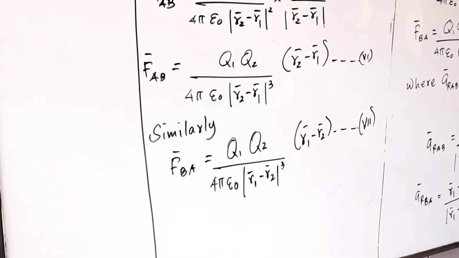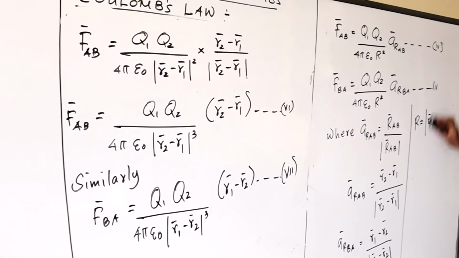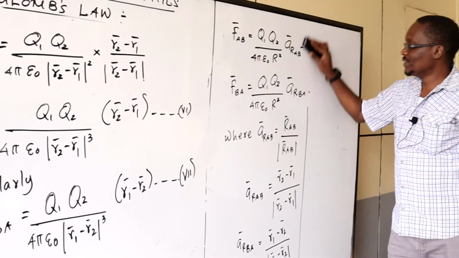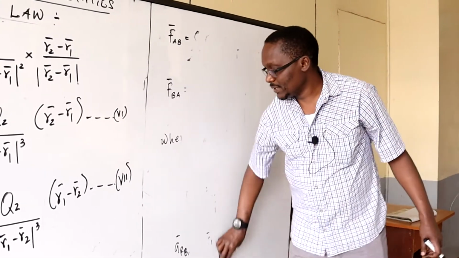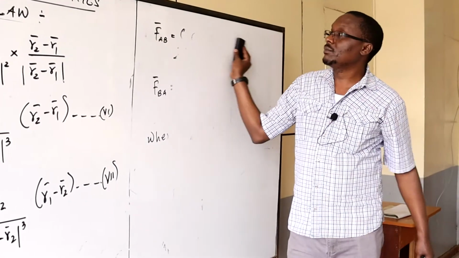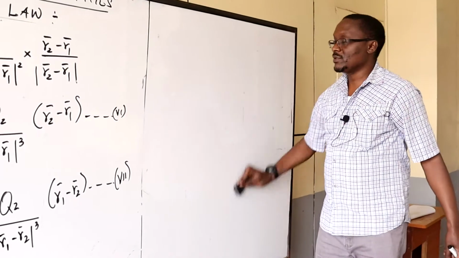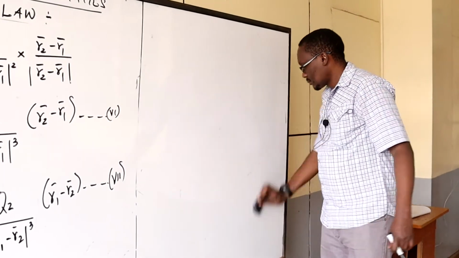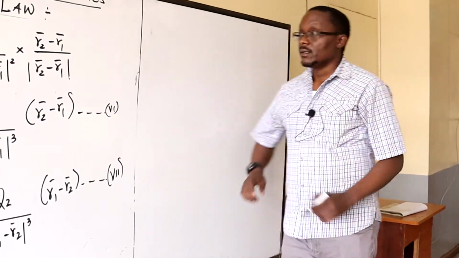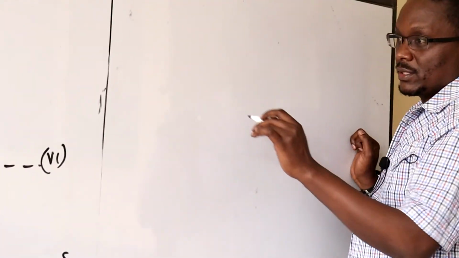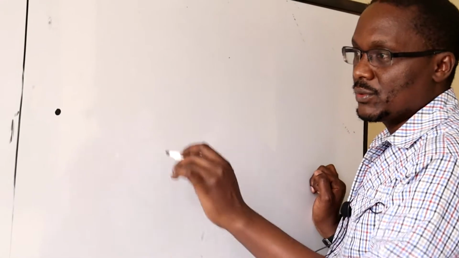So if we have more than two point charges, then Coulomb's law can be done using the superposition principle. Let us see how we can apply our superposition principle to handle Coulomb's law. Assume that I have point charges which are more than two.